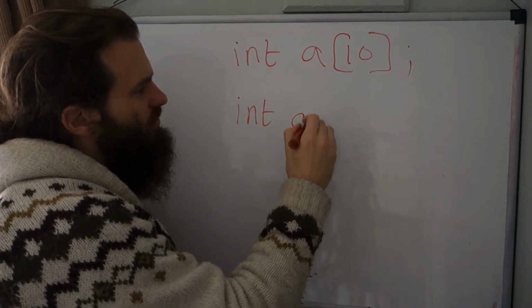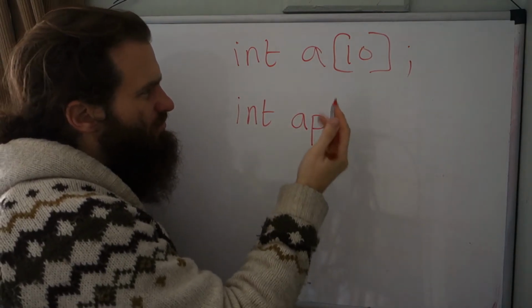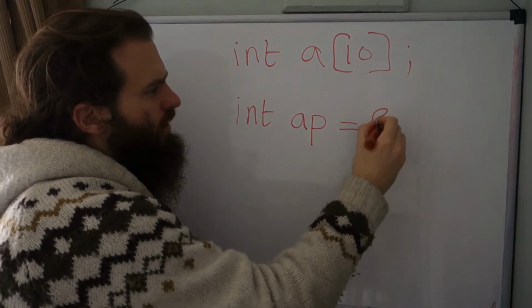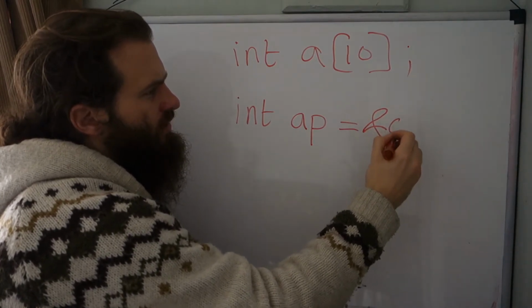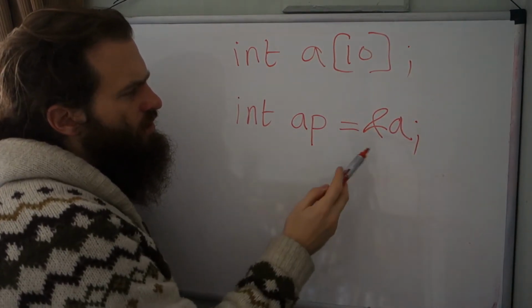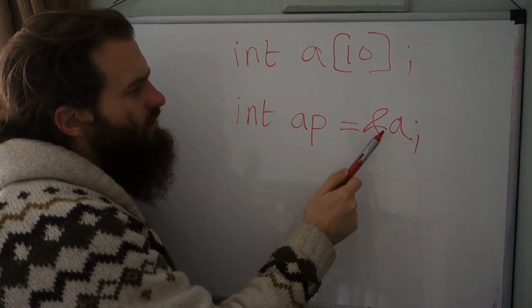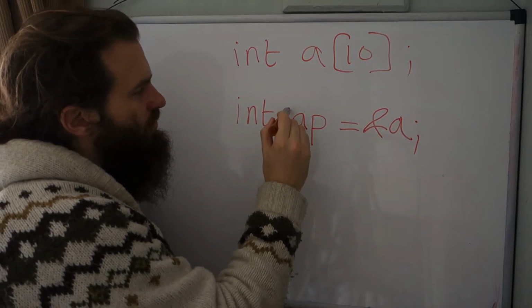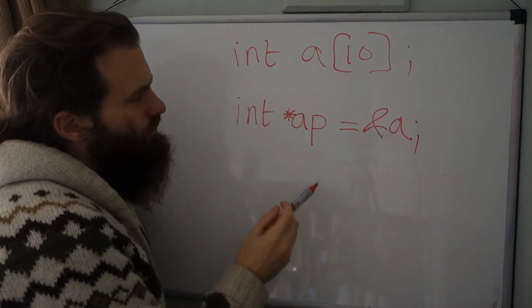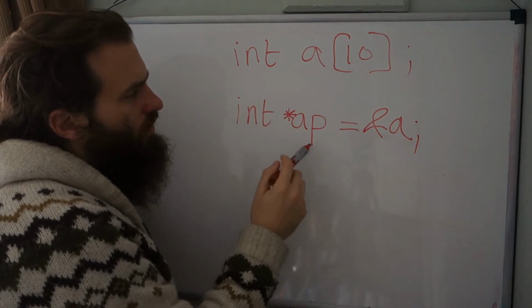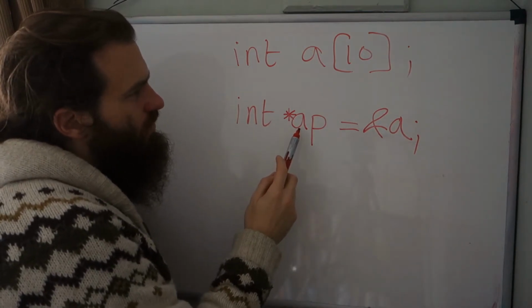So we're going to call this AP, for pointer to A. And we write &A. That ampersand operator takes the address of A.